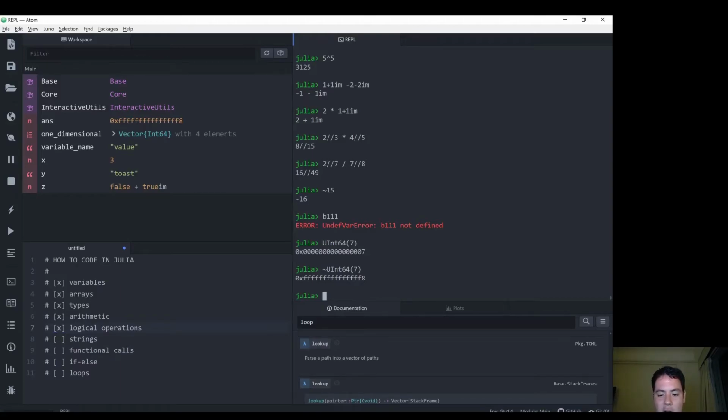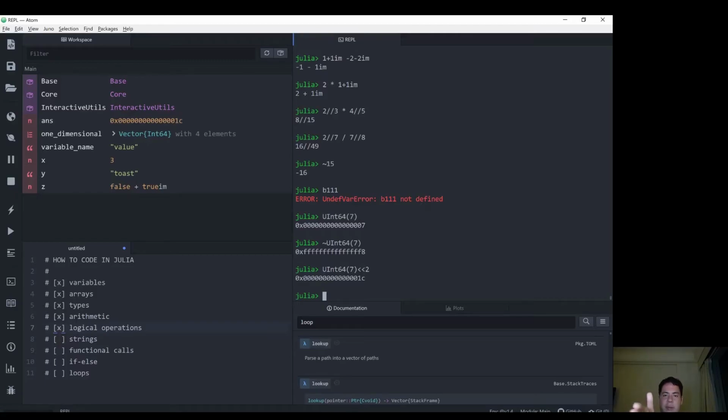So that's why a not turns into this. We can also do bitwise, we can do bit shift. So we can do uint 64 bit shifted by 2.